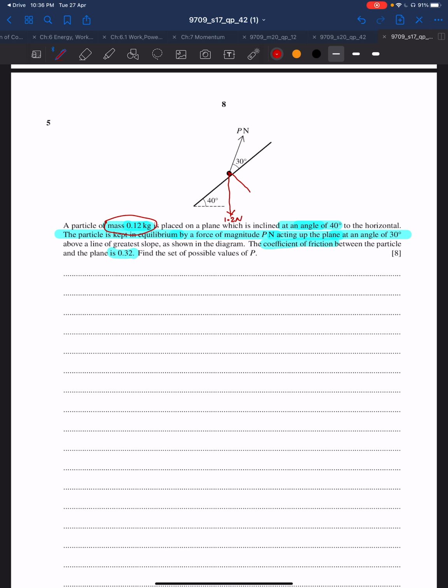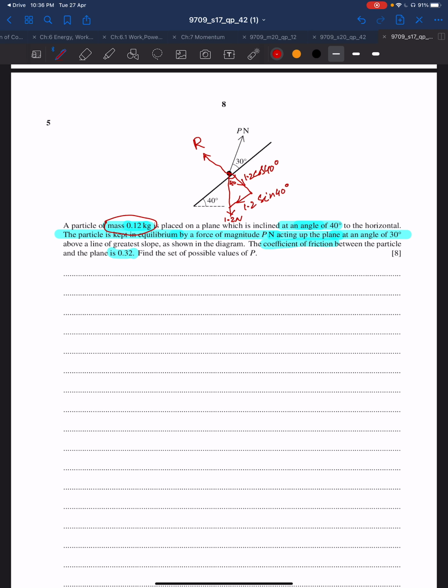This is the vertical component, and this is the normal contact force of the object. This angle is 40 degrees, so this is 1.2 cos of 40 degrees, and this is 1.2 sine of 40 degrees.